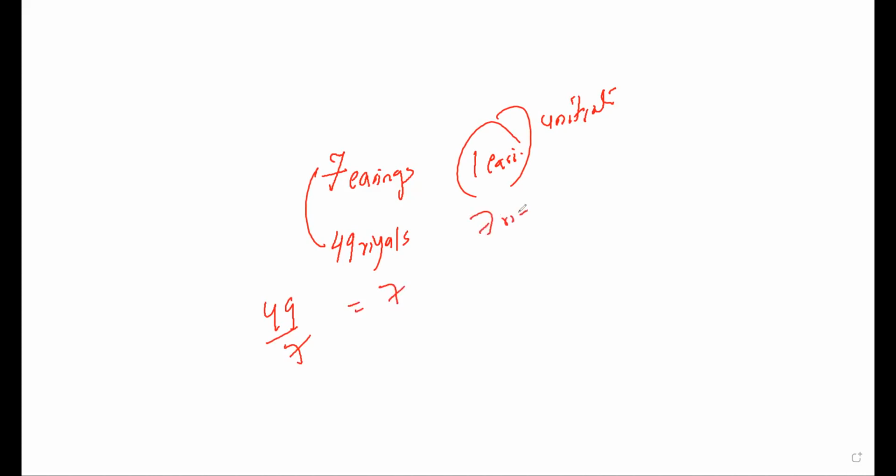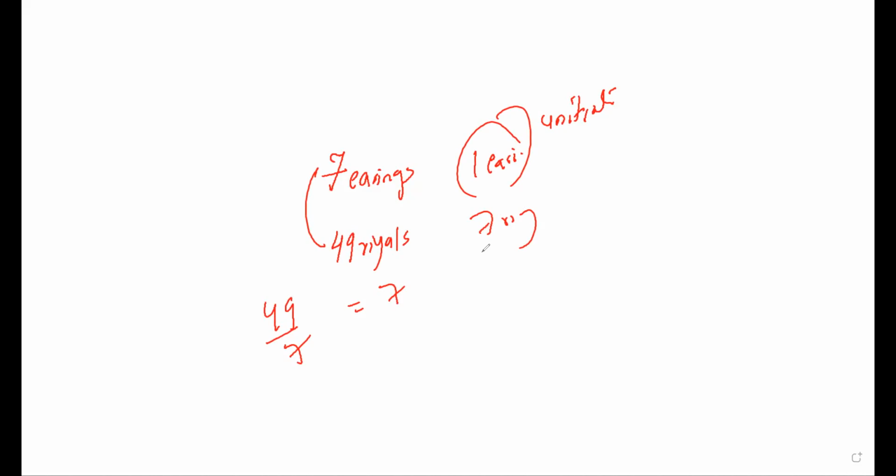How much does one earring cost? This is called the unit rate. One earring is how much? You will divide 49 over 7, not 7 over 49. That means 7 times 7, 7 riyals. Do you understand how to do it?